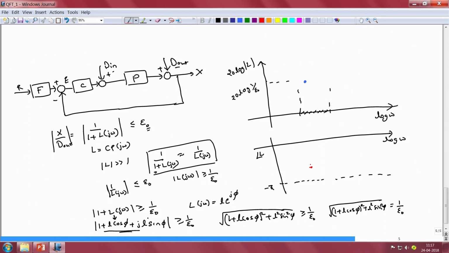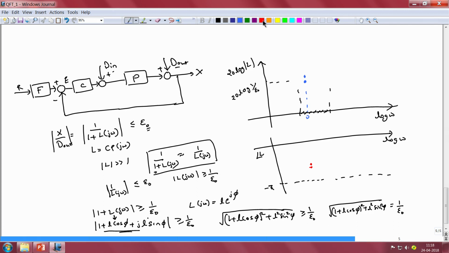For a different value of phase, which I indicate by a different red dot in the phase plot of the Bode plot, there exists a different magnitude beyond which the performance requirements are met at a particular frequency omega, where we are interested in rejecting the disturbance.